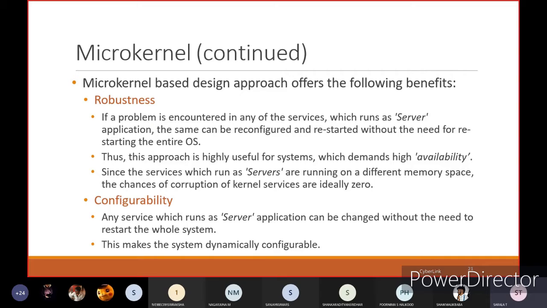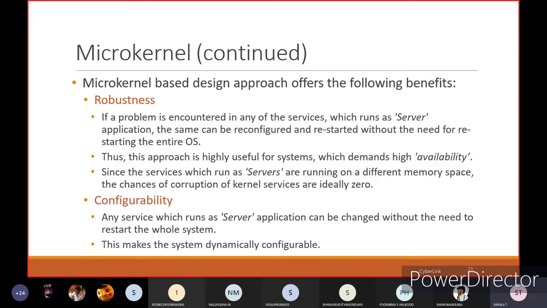This approach is highly useful for systems that demand high availability. Since the services which run as a server are running in a different memory space, the chances of corruption of kernel services are ideally zero.